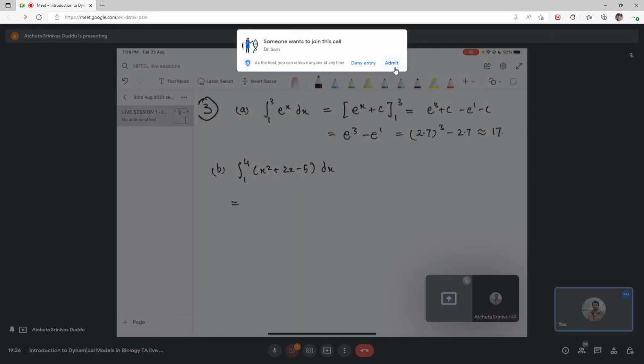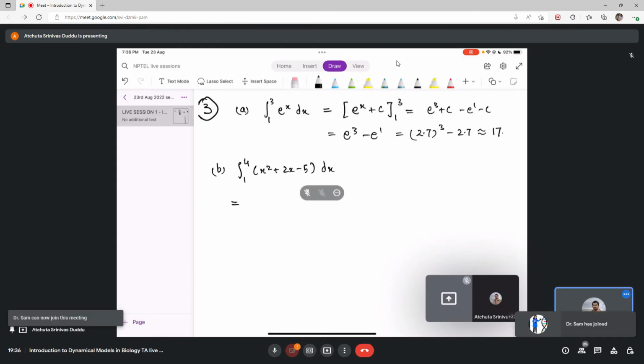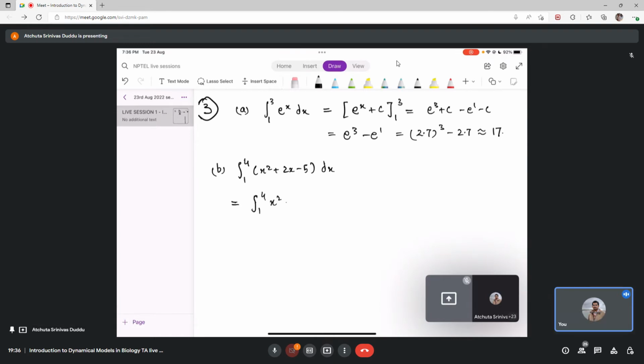Then that would be equal to the integral 1 to 4 x square dx plus the integral 1 to 4 2x dx minus the integral 1 to 4 5 dx.